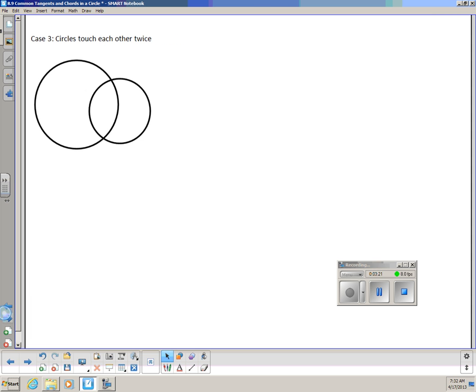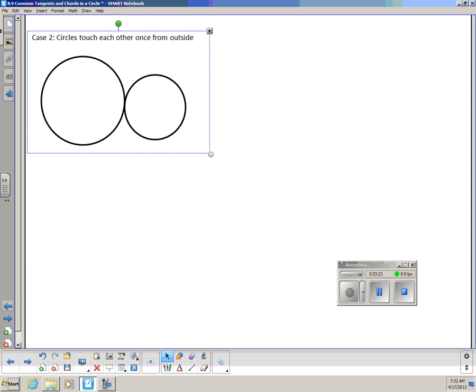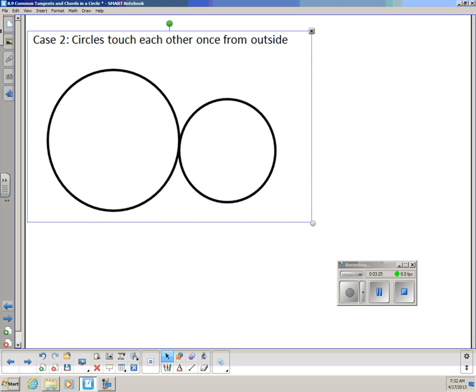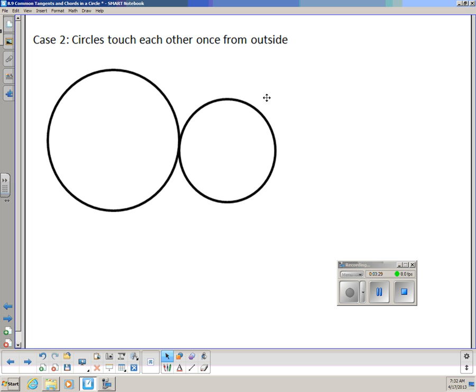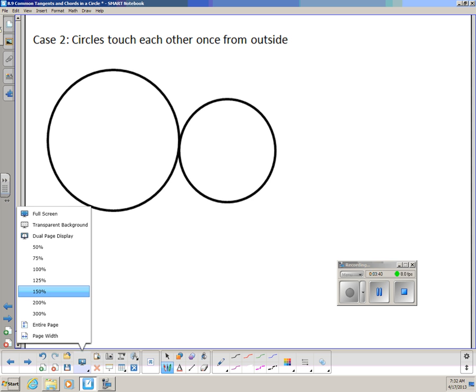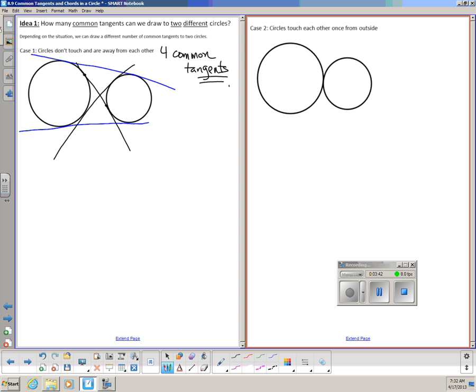All right, hopefully you paused the video to draw as many common tangents as you can for each situation. I'm going to go through them now. I can't really tell if you paused it, but you should have. So circles that touch each other once from the outside, kind of like the first scenario, I have the two blue guys that I can draw.